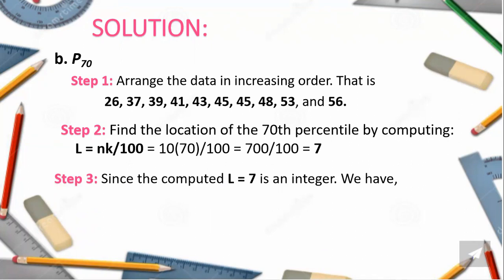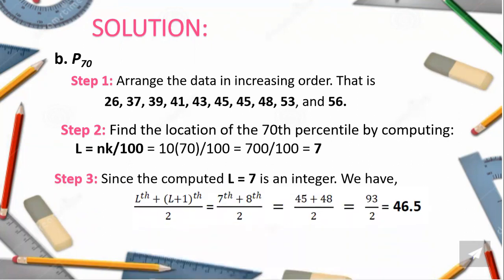So what happens now is we get the average of the L and the L plus 1 observations. So we add the two values, then divide it by 2. So the 7th observation plus the 8th observation divided by 2. Refer to the arranged data. The 7th observation is 45 and the 8th observation is 48.